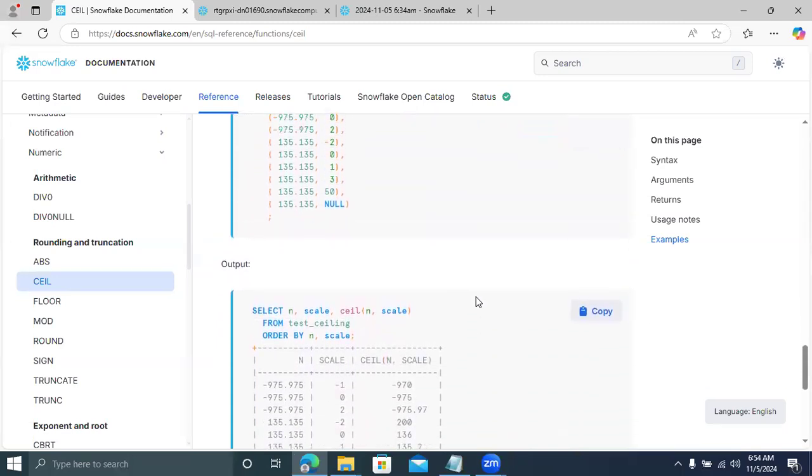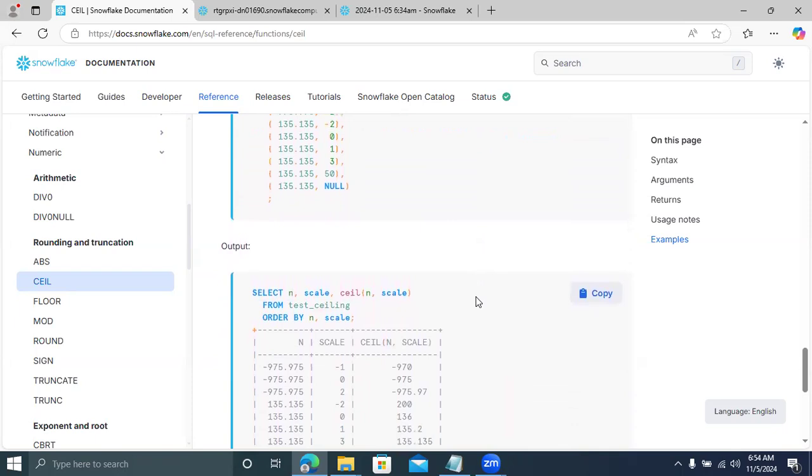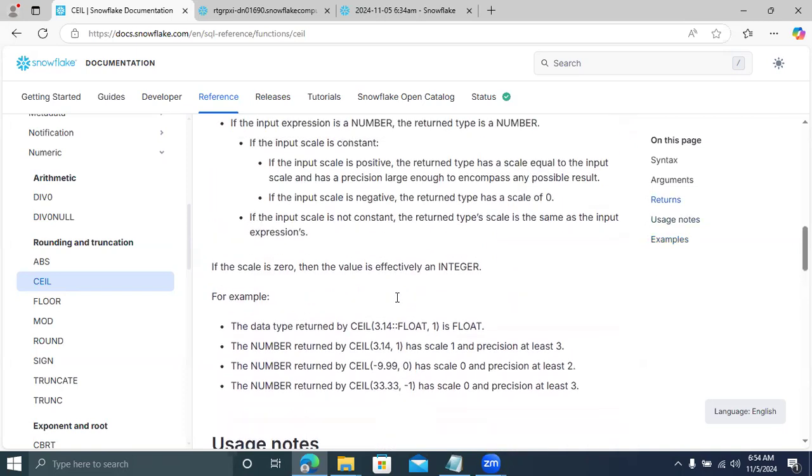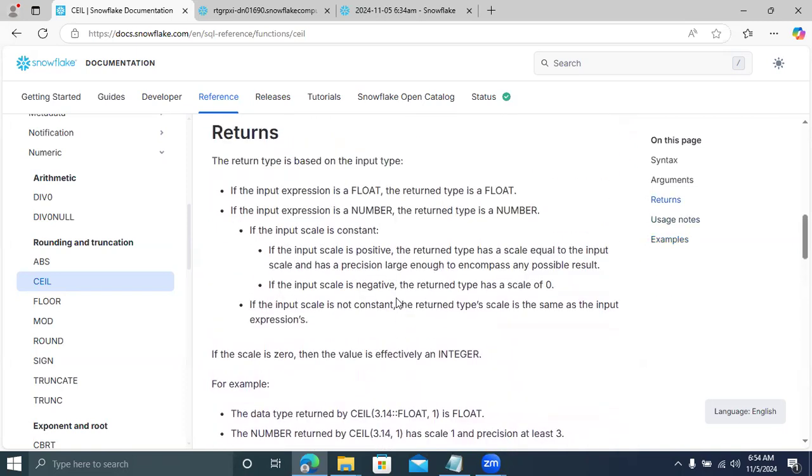Now, if you see here, for ceil we can provide the scale factor as well. For the scale factor, they have given some conditions. The condition is if the scale value is negative, the return type is scale of 0.